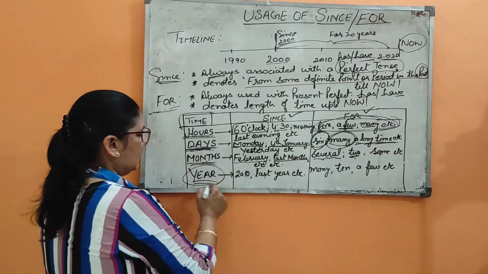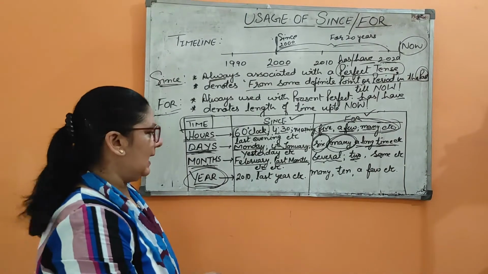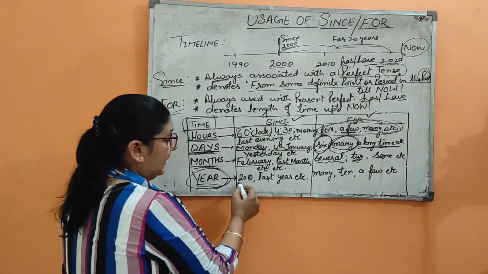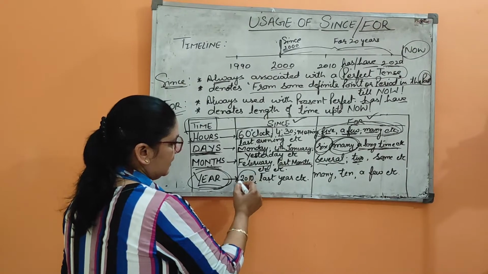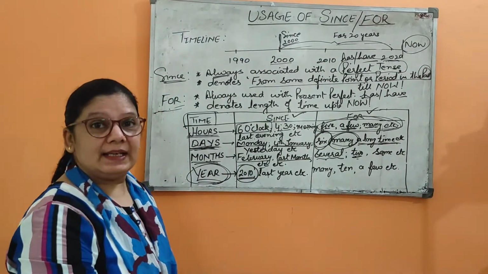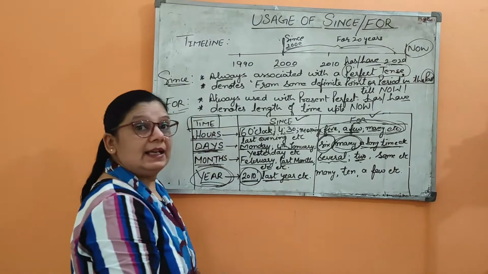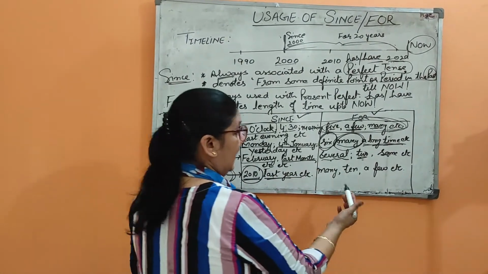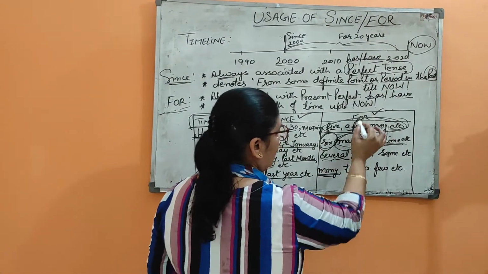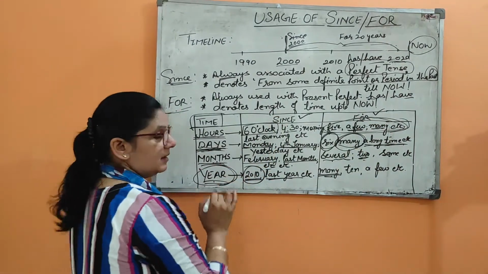The same is the case with the year, because it also tells the time. They have been living in their house since 2010. They have been living in their house since last year. Or we have been living in this house for many years.